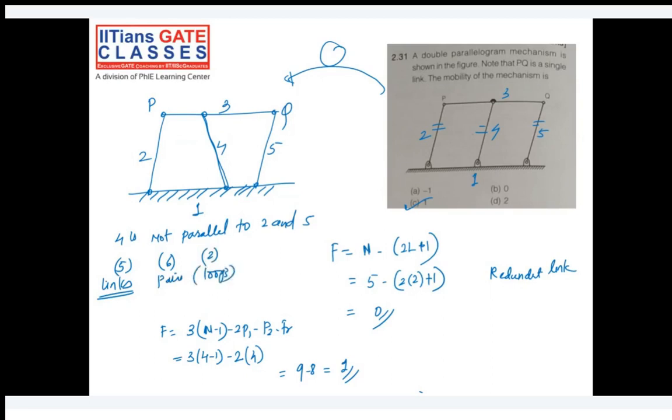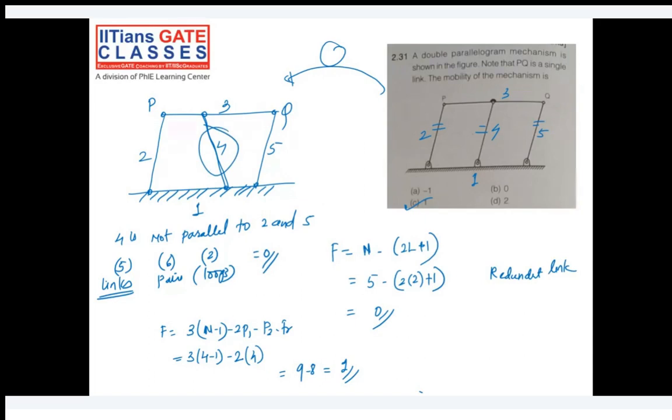So how many degrees of freedom will you get in this case? N is equal to 5 minus 2 loops, that is 2 times 2, plus 1, so you'll get 0 degrees of freedom, and that is correct in this case, because this is not a redundant link. Redundant link means even if you remove it or keep it, it doesn't matter.